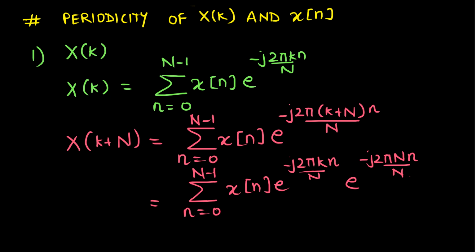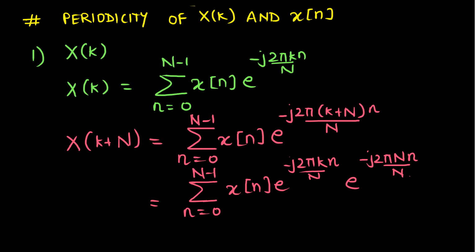So let us consider this exponent here. So we have it as e to the power minus j 2 pi capital N into small n upon N. So this N gets cancelled and we have e to the power minus j 2 pi into small n. Now we can observe that we have here the term as integer multiple of 2 pi, which means that this complex exponent is going to give us the value as 1.